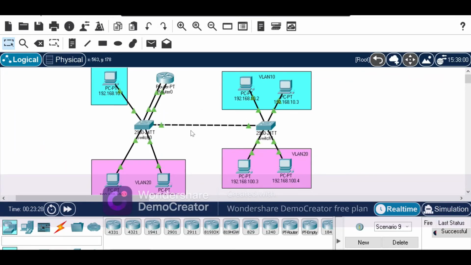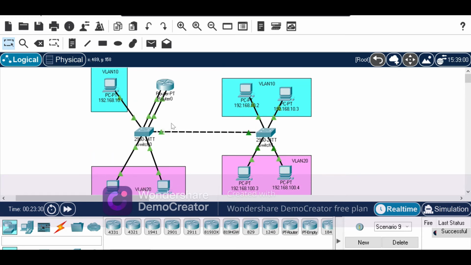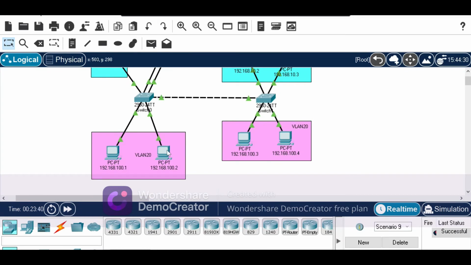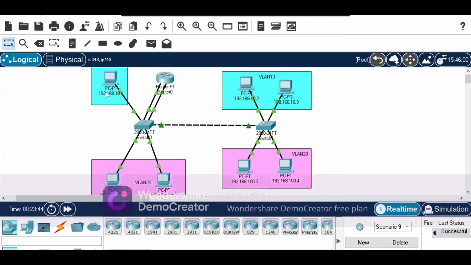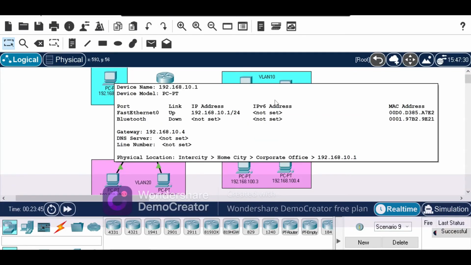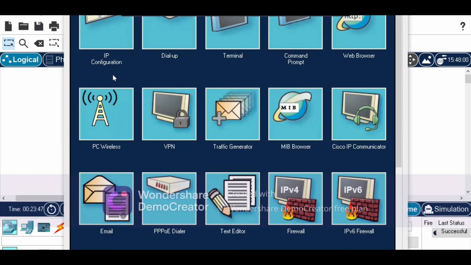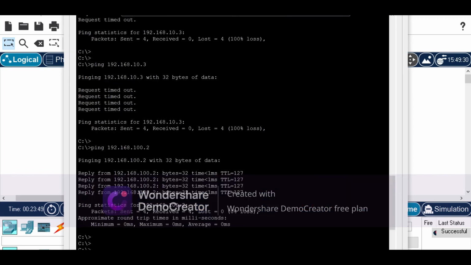Now let us understand if we are able to ping from one network to the other. Suppose VLAN 10 is the host network; can it ping the VLAN 20 network or not? Let's check that. Suppose this is a computer. I go to the command prompt.